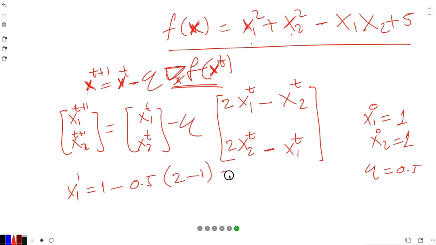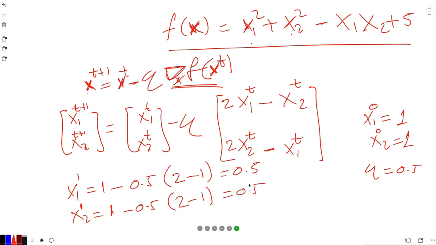So x1 at 1 equals 1 minus 1 times 0.5, which is 1 minus 0.5, so 0.5. And x2 at iteration 1 will be x2 at 0, also 1, minus 0.5 times 2 x2 minus x1 at t, which is also minus 1. So it will be the same, 0.5.